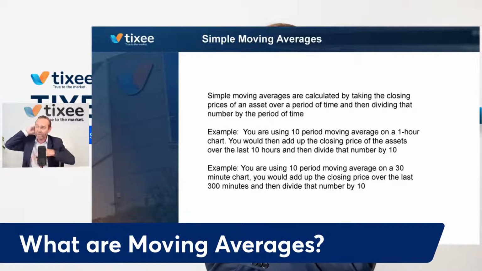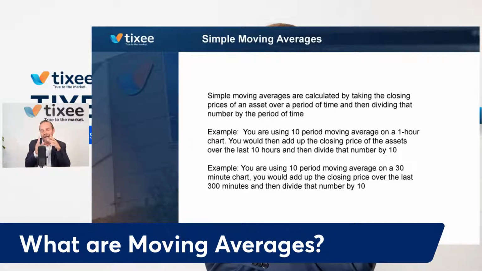So to give you an example, you're using a 10-period moving average. When I say time, it could be days, hours, etc. So we're using a 10-period moving average on a 1-hour chart.